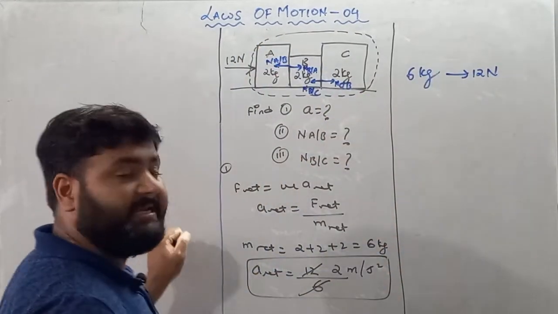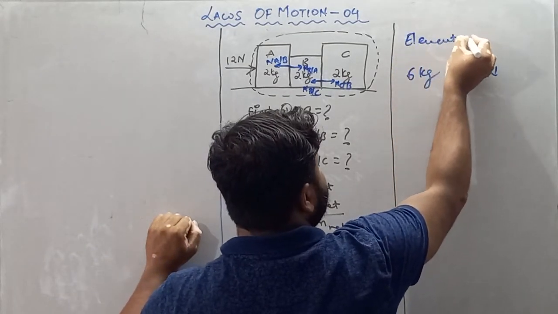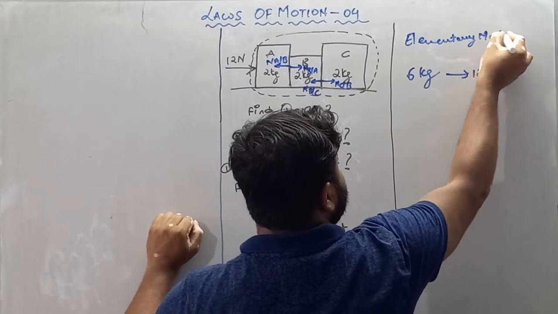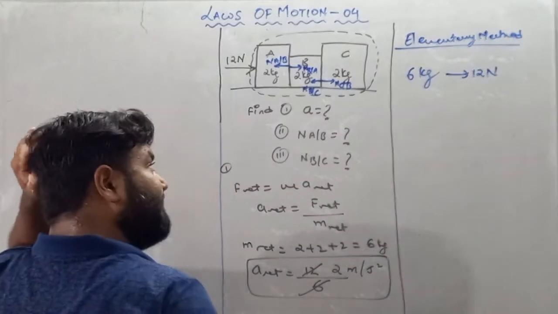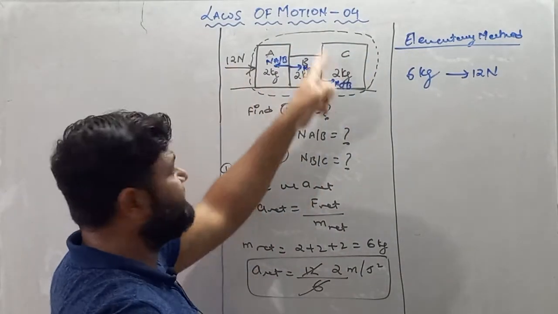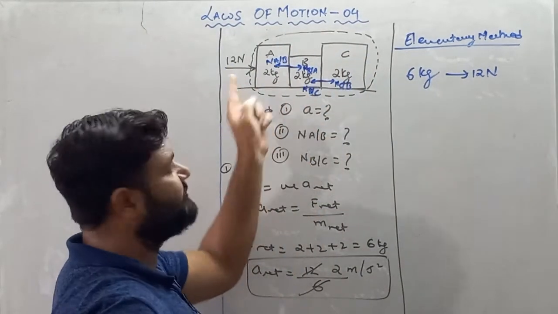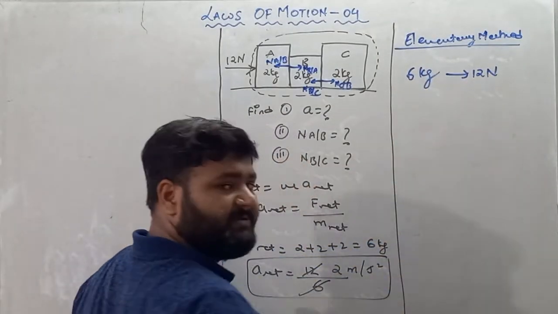I am using the elementary method. This method is called the elementary method. So if the mass is 6 kg, then the force is 12 Newton.